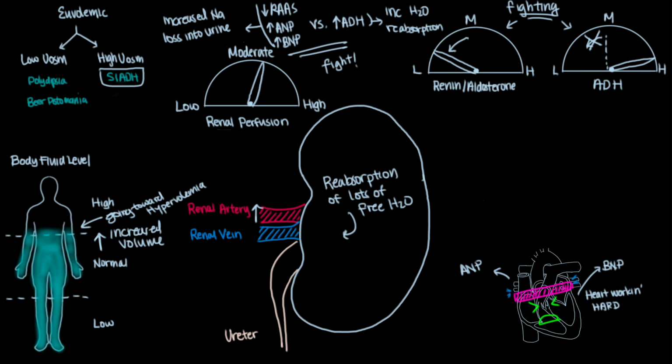So now, what would the urine look like for this person? Pretty concentrated, right? With high osmolarity, and a lot of that osmolarity coming from high sodium, right? So with SIADH, you end up with a euvolemic to slightly hypervolemic state with hyponatremia and a concentrated urine with high overall osmolarity and a high urine sodium that contributes a lot to that high osmolarity.